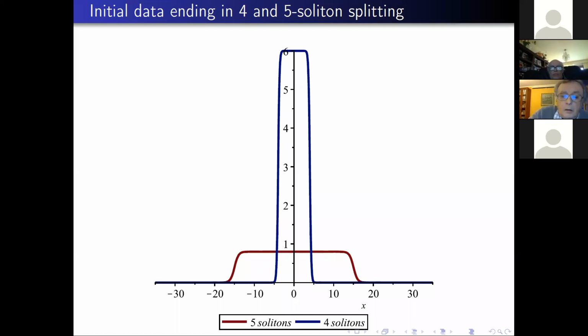Here are shown two kinds of data that lead to splitting of initial data into solitons. The red one splits into 5 solitons, and the blue one splits into 4 solitons, and this may be very easily predicted indeed.